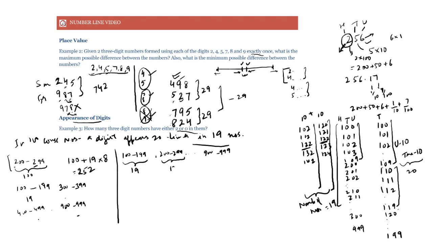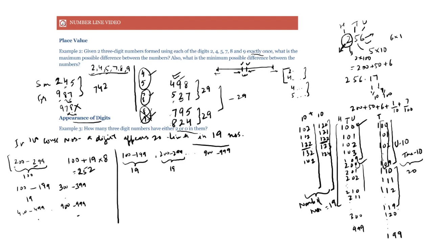Because when we're talking about 0 in the units place and in the tens place in 3-digit numbers, it acts just like any other digit. Look over here. See that it appears exactly once in every 10 consecutive digits. And the same happens for the tens digit also. It appears 10 times.